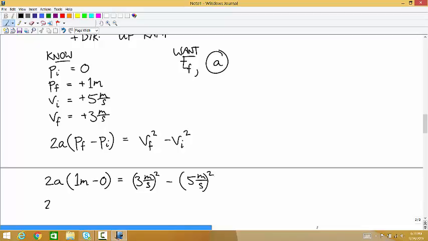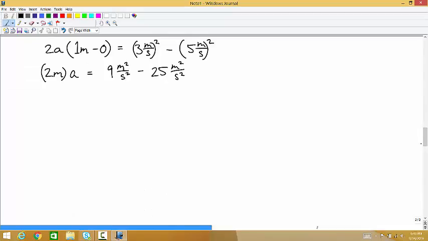And so that says 2 meters times A is equal to 9 meters squared per second squared minus 25 meters squared per second squared. So 2 meters times A is equal to negative 16 meters squared per second squared.